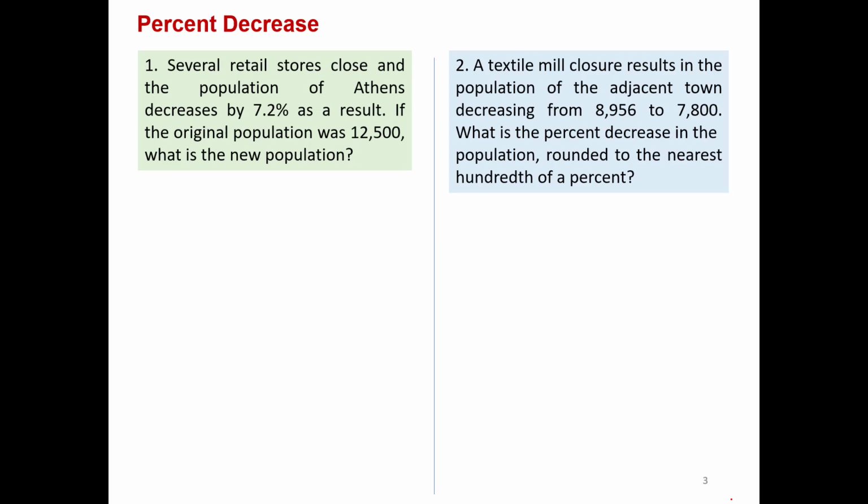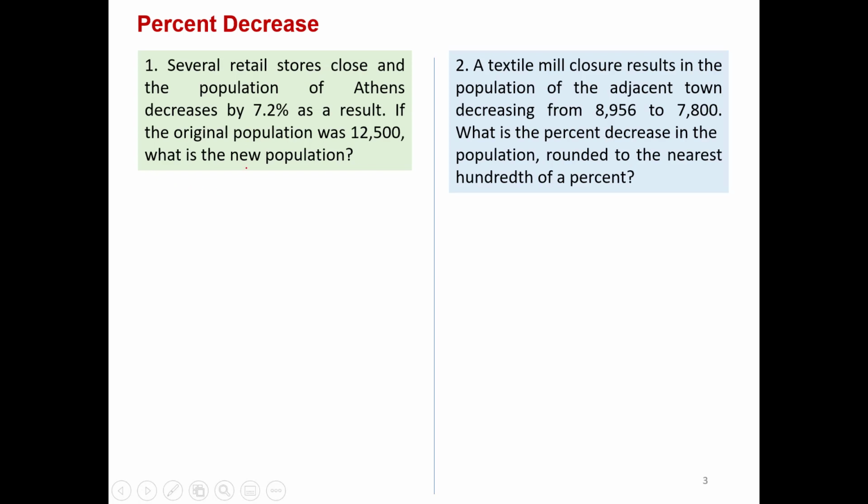If the original population was 12,500, what is the new population? In this case, we have the percent and we have a number, and we need to find another number. What is the other number? It is the new population.